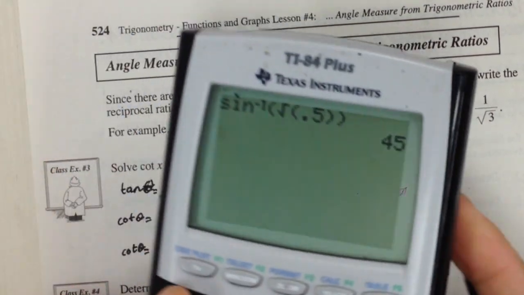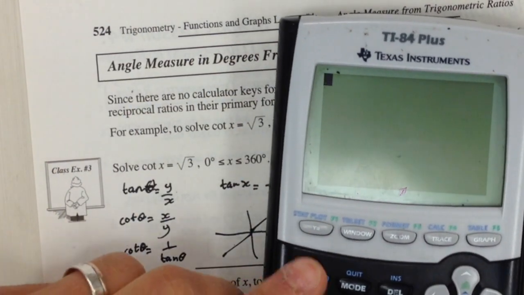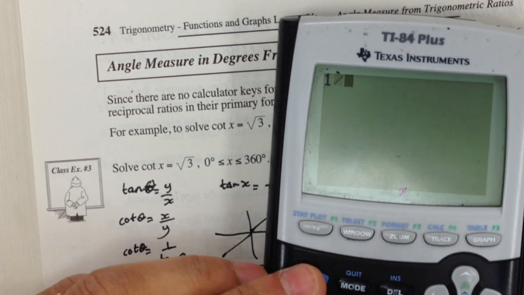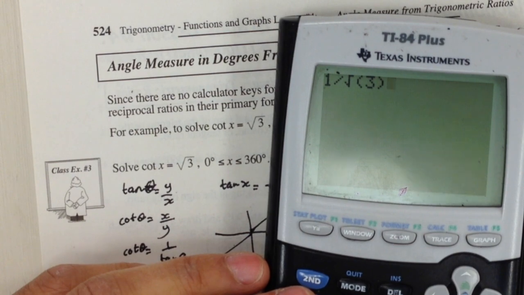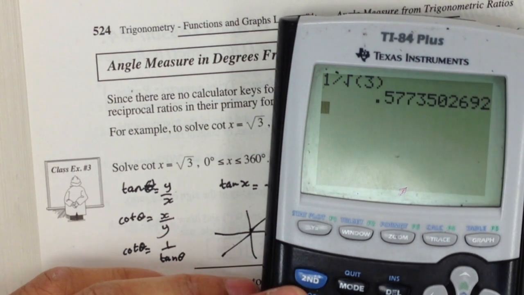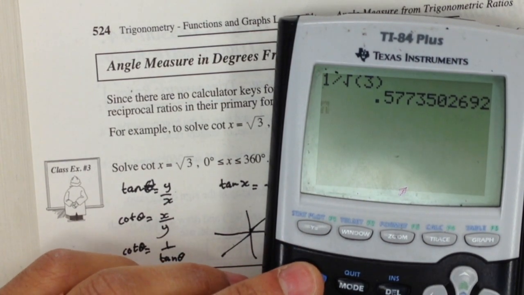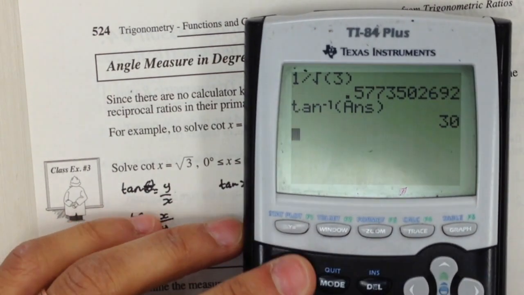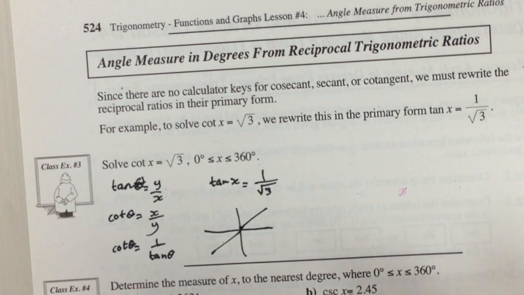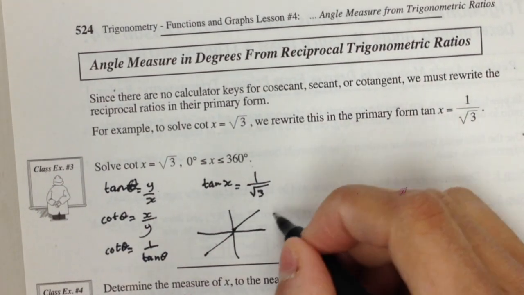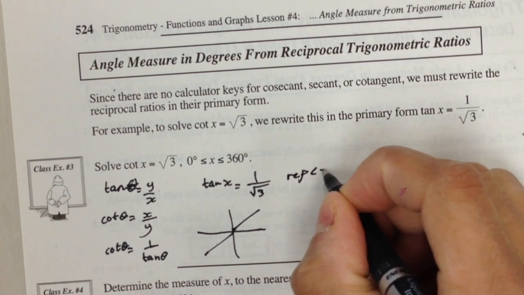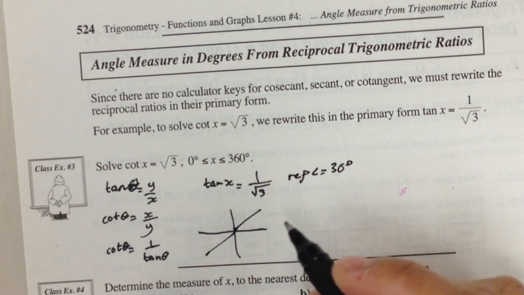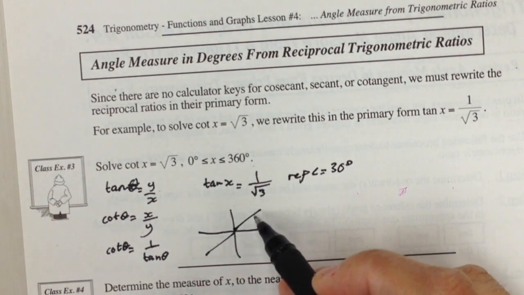Let's see what the reference angle is going to be. You can do this in a few different ways, but you can start with 1 divided by the square root of 3, which gives 0.577, and now we can take the inverse tan of that answer. I get a reference angle of 30 degrees. It's positive, so it's in quadrants 1 and 3.